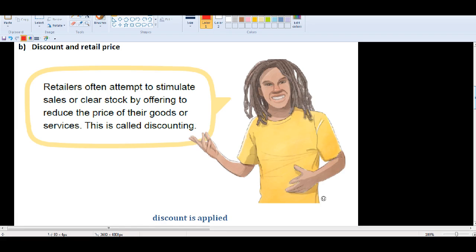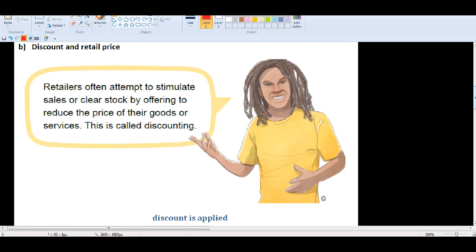Okay, so let's start with our new content on discount and retail price. So you understand that retailers like Coles and Woolies are very big retailers. Then there are also some smaller retailers, right?